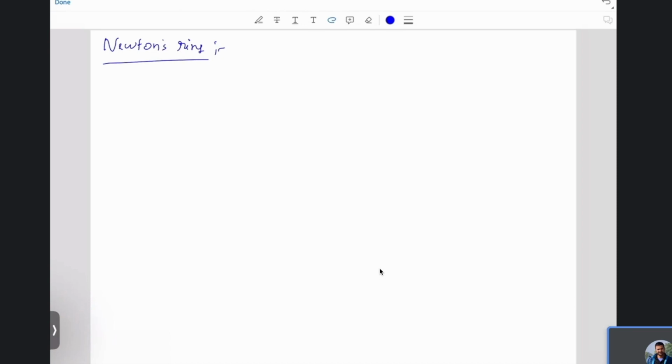So, what is this Newton's ring? Now, it's a very simple experiment.